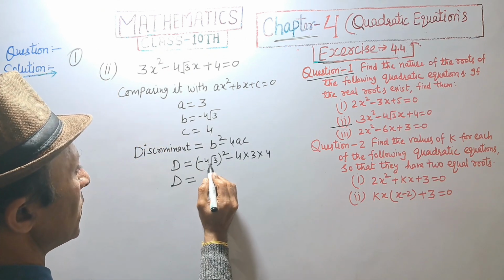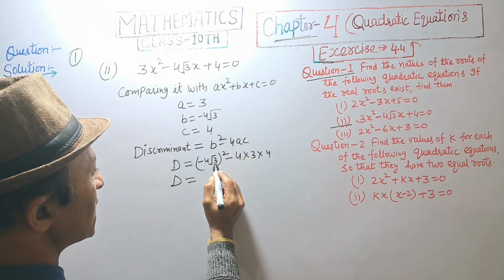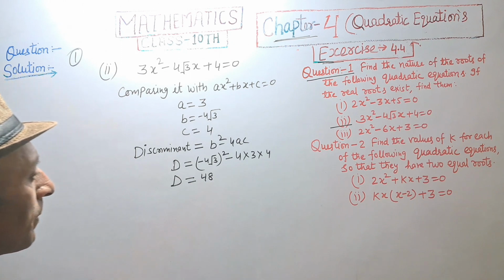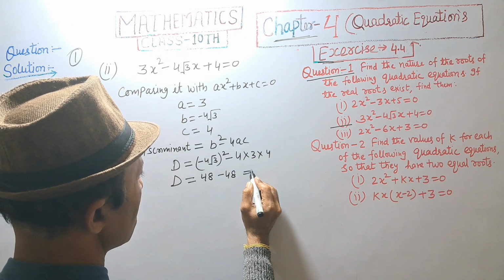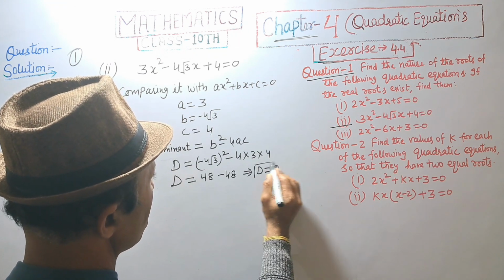Discriminant D is equal to 4 4s are 16, 16 3s are 48, minus 48. This implies D is equal to 0.